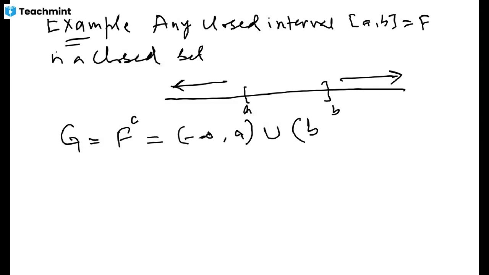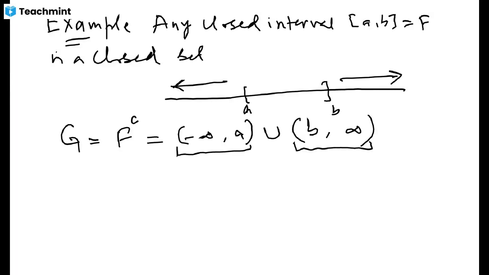Now you see what you have. You have this complement of the closed interval F as a union of two open intervals, and this has been already established. I just did it for finite intervals, but it works for infinite intervals also.